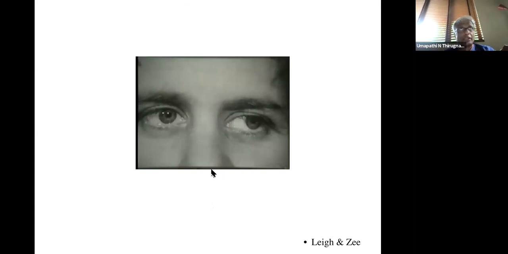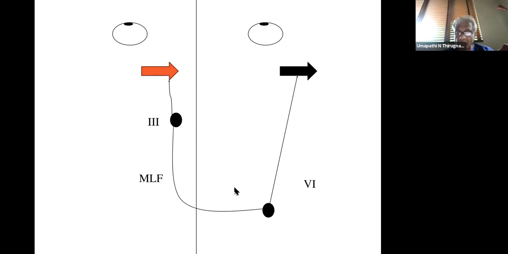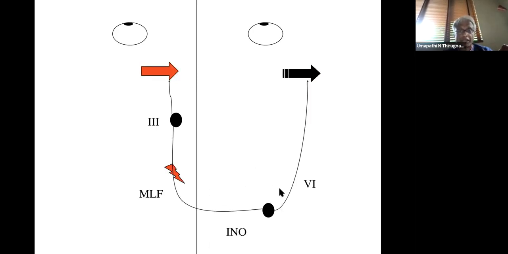Again, intuitively, you can come up with various diagnoses, but foundationally, it's better for you to draw the diagram and realize that this patient's red arrow would be on the adducting eye, and that gives rise to a number of diagnoses you have to consider: restriction of one muscle, neuromuscular junction problem, third nerve problem, or a problem between the two nuclei, the so-called internuclear ophthalmoplegia.